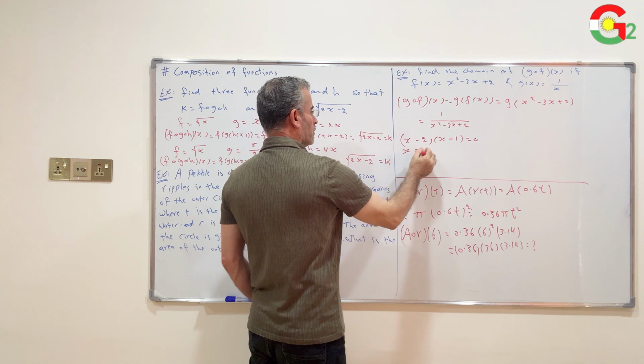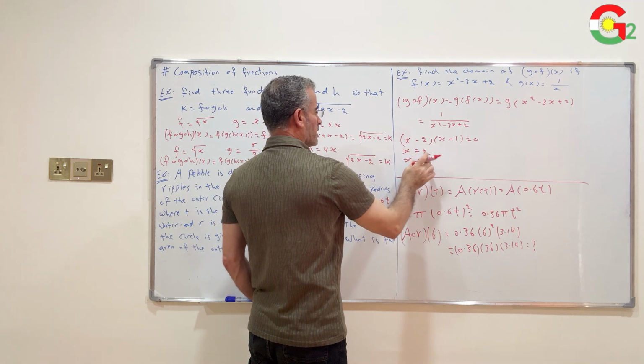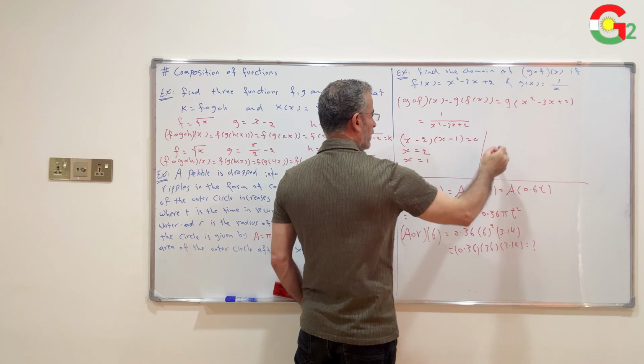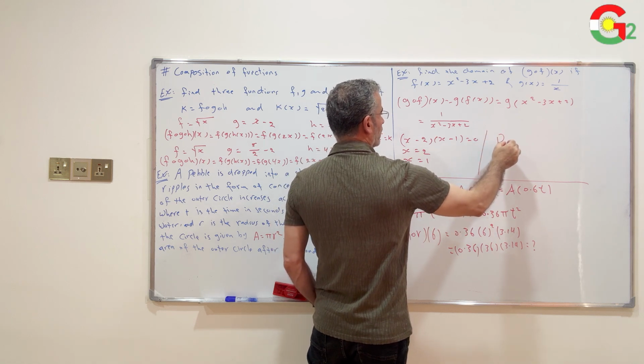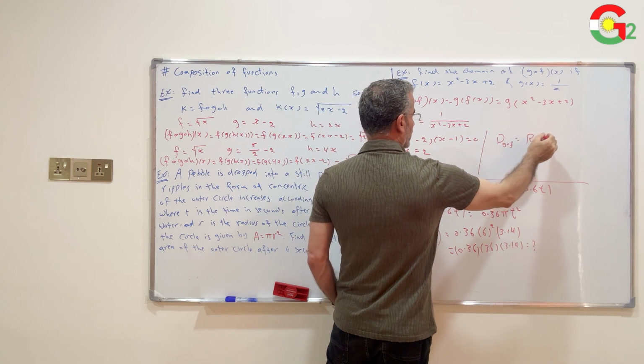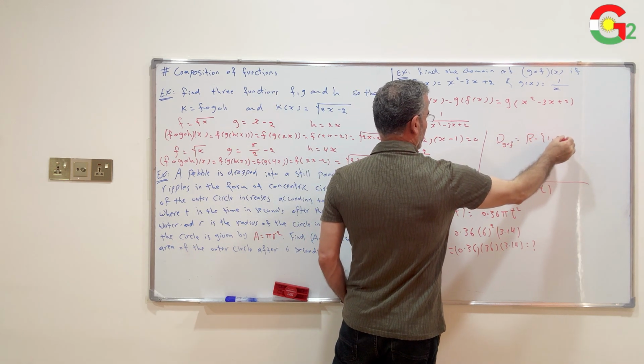Either x equals 2 or x equals 1. These values make the denominator 0, so I'll remove them from the real numbers. Then the domain of g circle f is all real numbers except 1 and 2.